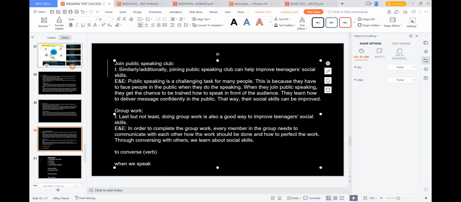So now we have to come up with, among all these, which one would you think is the best way to improve teenagers' social skill? Which one?